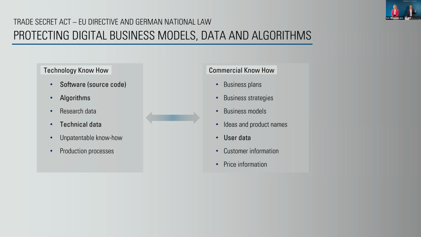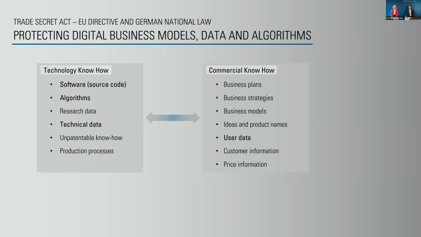But what is important, and we will see this when we go to the requirements of trade secret protection, is that this is not an absolute right. You have a rather high level of protection by law in case you manage to keep it secret and have a certain level of confidentiality measures.